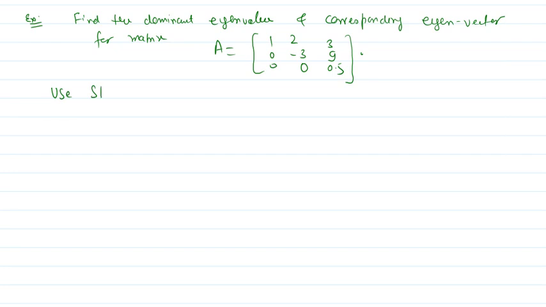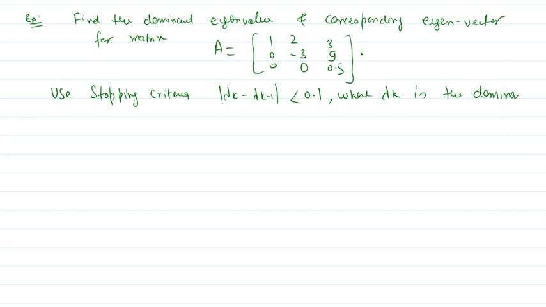So use the stopping criteria, that is absolute value of lambda k minus lambda k minus 1 less than 0.1, where lambda k is the approximation of the dominant eigenvalue at the kth iterate. Okay, so when we compare 2 lambdas, if the absolute error is less than 0.1, we will stop.